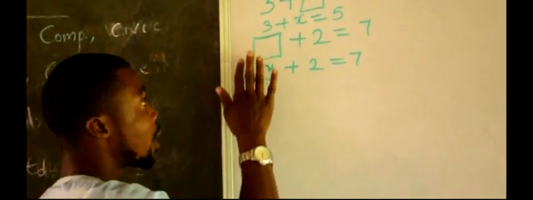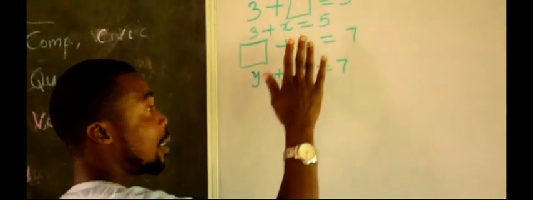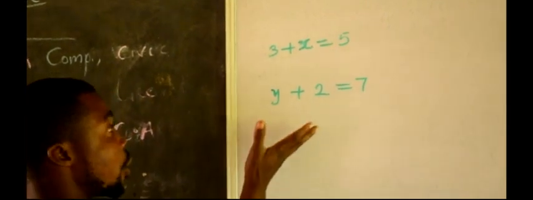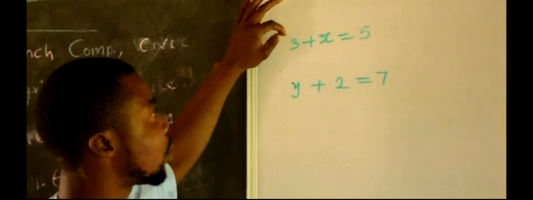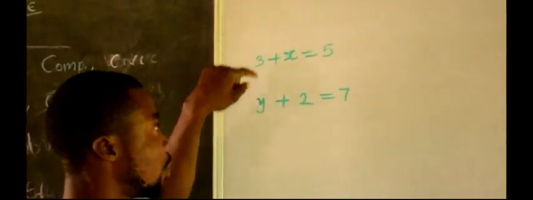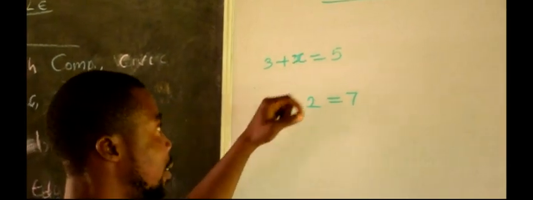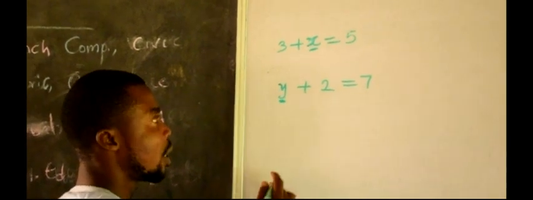Now, I want to clean up this nursery mathematics. Now, we are left with a strange equation. We call it equation because there is an unknown in that equation, in that sentence. That is, this is the unknown, this is the unknown.